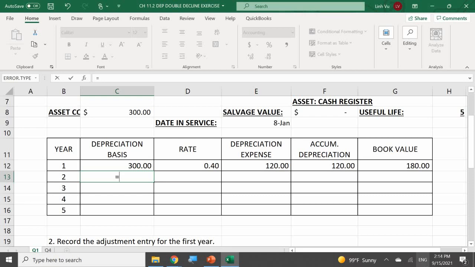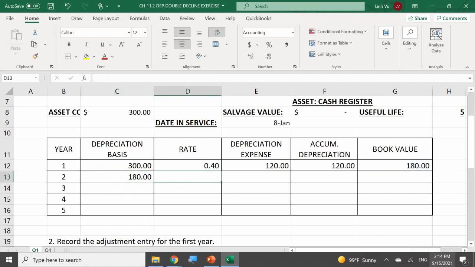Right, because the ending value of the book value at the end of year 1 becomes the beginning of year 2. So in this case, we take my 180 that is solved for the book value at the end of year 1, and that becomes my depreciation basis.